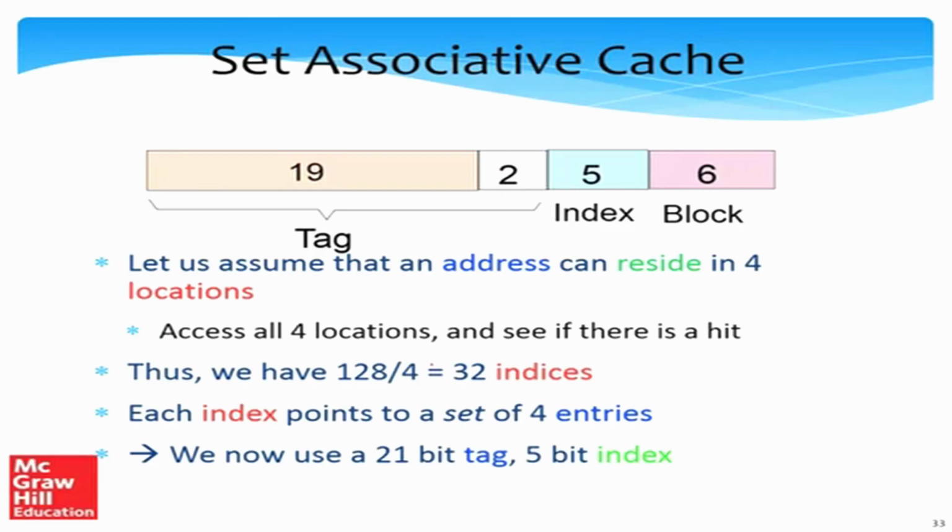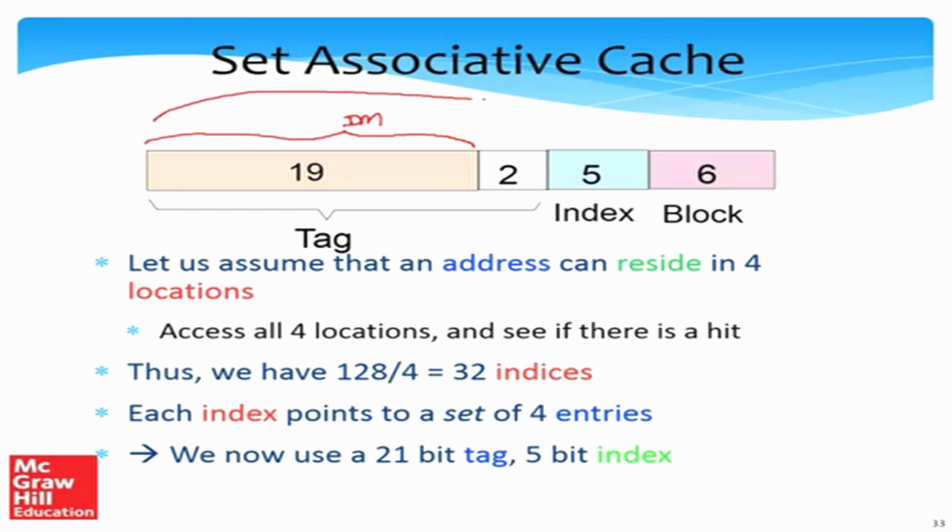So in this particular cache, let's take a look at the tag size. The tag is what is stored in the tag array. In the case of a direct mapped cache, the tag was only 19 bits.